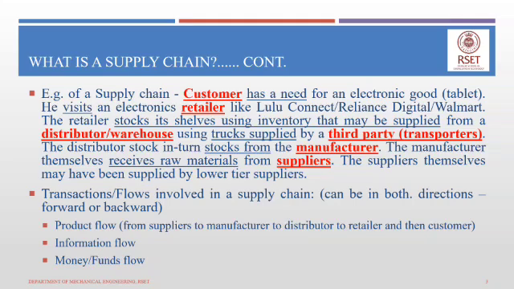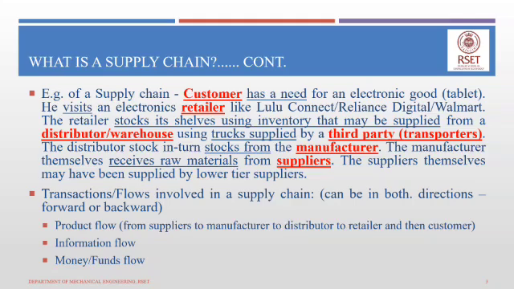Then there is money, or funds flow. The consumer pays for a particular product, right? That money is used to pay the distributor for the products that the retailer bought from the distributor. So there is always a money exchange that takes place between all the entities in that supply chain.